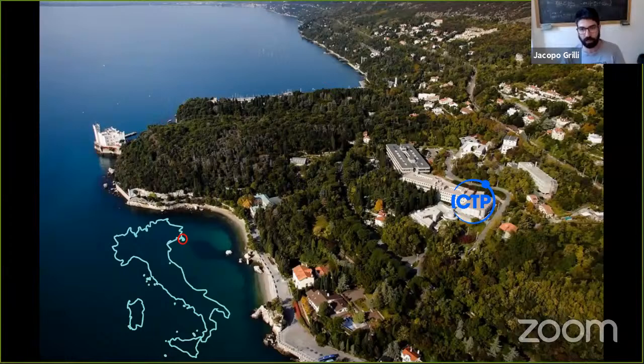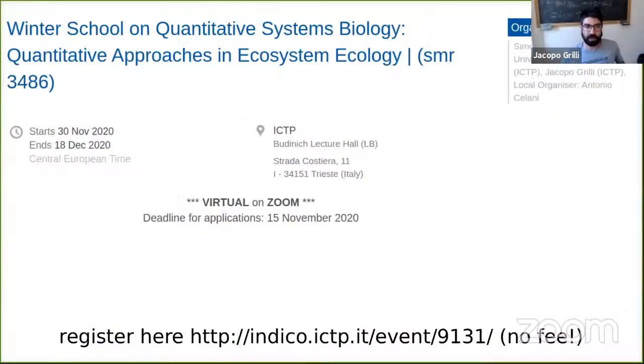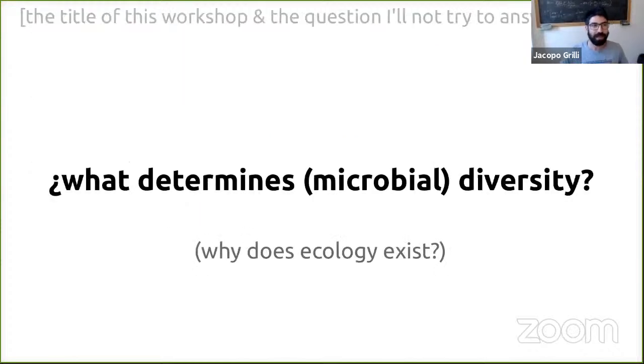If you would like to get involved when this pandemic is over, if it will be over, please come here. In the meanwhile, we have this school coming up in a few months, organized by Samuel Levin, myself, Matteo Marsili, and Antonio Celani on quantitative approaches in ecosystem ecology. So this is the end of the advertisement. Sorry to waste one minute of my time for that.